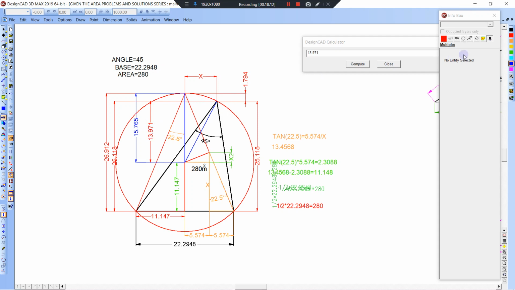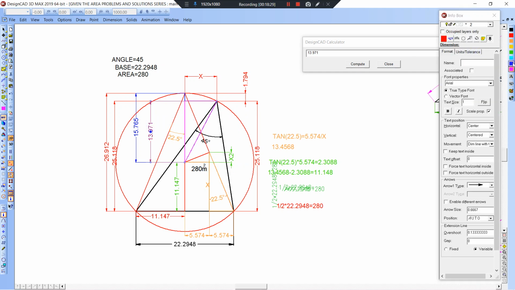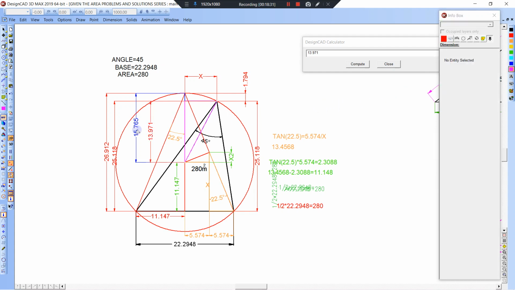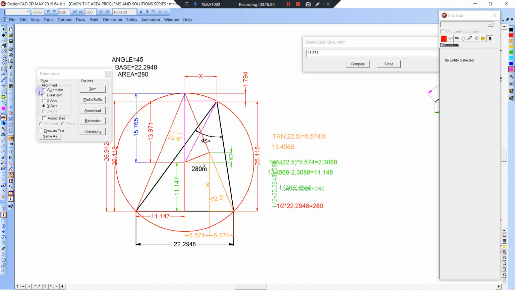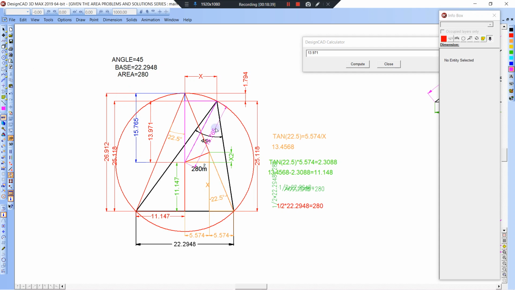So now we have this triangle. Let's go to purple. So we have this is purple, and we know this 15.765 is the free form. That's our radius, right? Now we can solve for this, so we could use the Pythagorean theorem. 13.971.